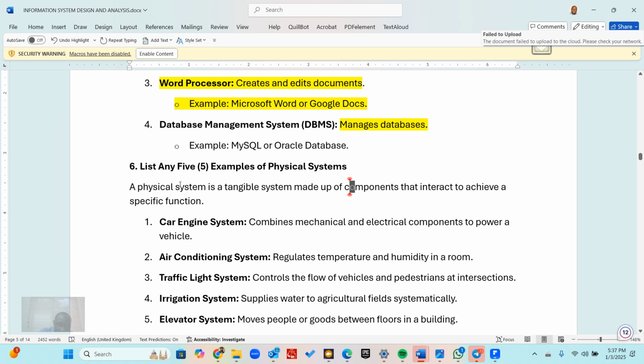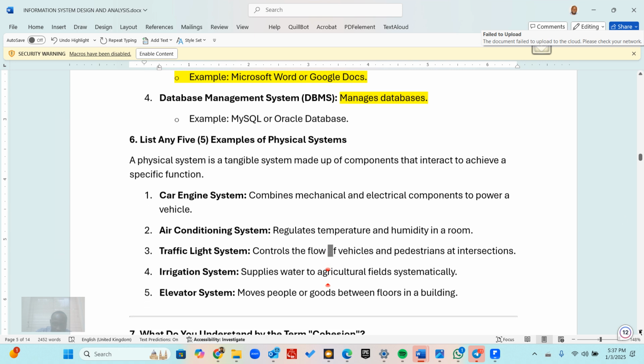Here, we list 5 examples of physical systems. A physical system is a tangible system made up of components that interact to achieve a specific function. We have a car engine system, which combines mechanical and electrical components to power the vehicle. Air conditioning system, which regulates the temperature and humidity in a room.